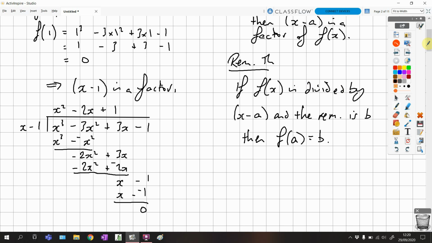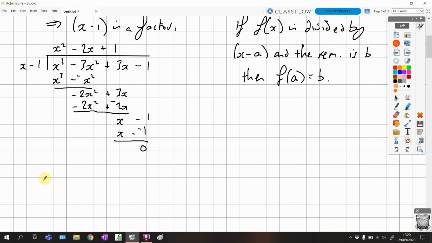Now let's look and see what we've actually discovered. We know now that x cubed minus 3x squared plus 3x minus 1 is the same thing as x minus 1 multiplied by this quadratic up here, x squared minus 2x plus 1.